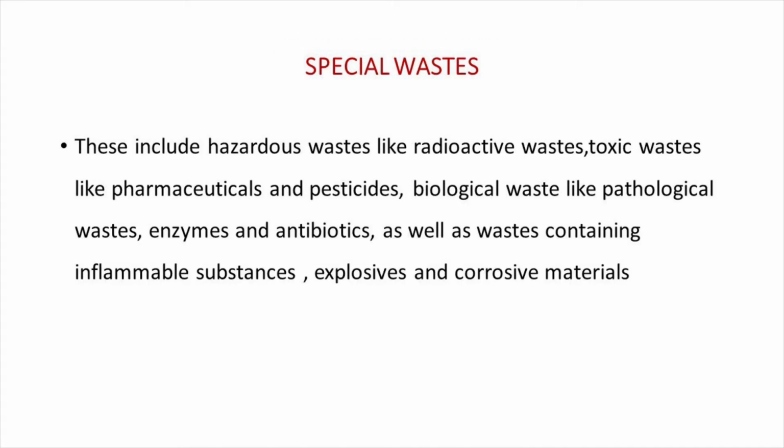Another category of solid waste based on origin is special waste. These include hazardous waste like radioactive waste, toxic waste like pharmaceuticals and pesticides, biological waste like pathological waste, enzymes and antibiotics, as well as waste containing inflammable substances, explosives and corrosive materials.